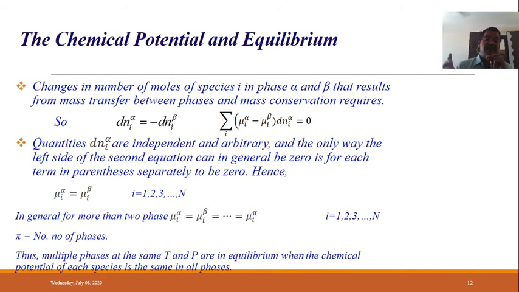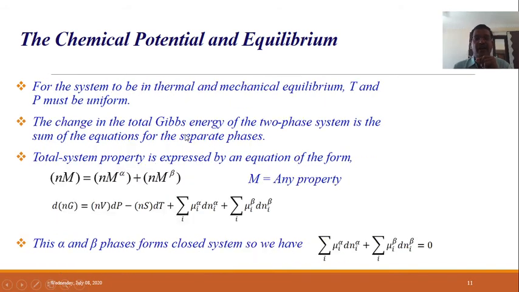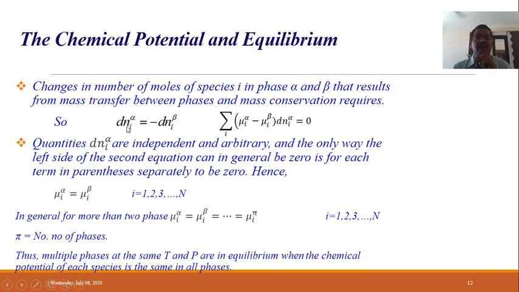That means one phase is losing, another phase is gaining. This simple relation can be added here. So d(ni beta) is replaced with minus d(ni alpha), and you have the simple relation: mu i alpha minus mu i beta, in brackets, times d(ni alpha) is equal to 0.